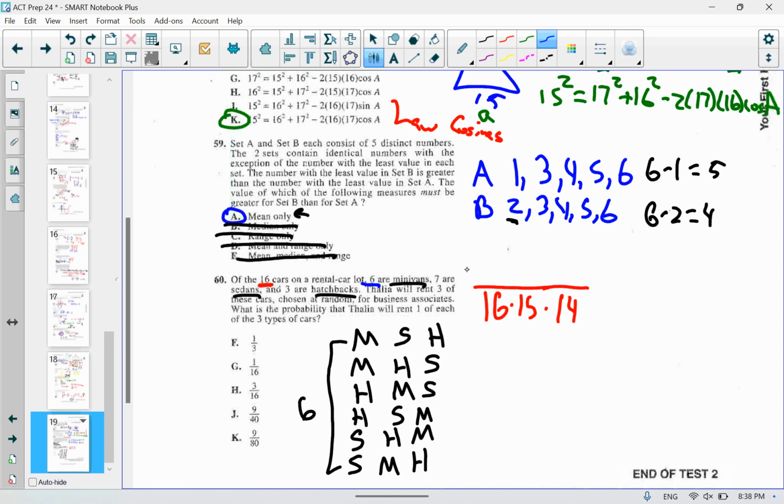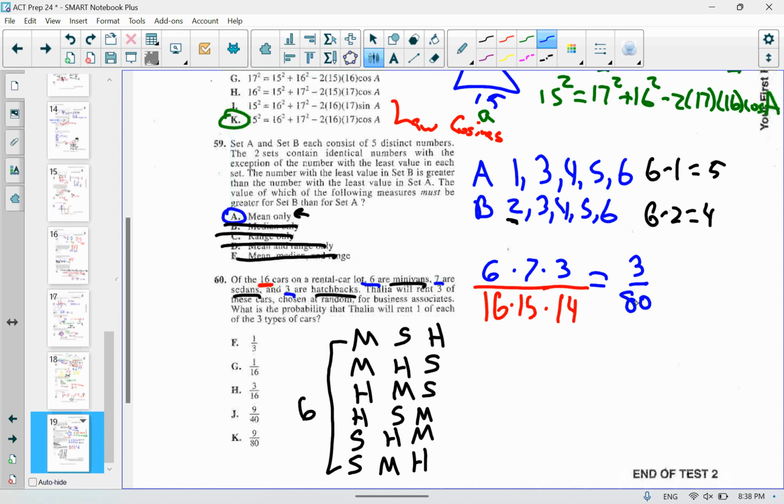So I have 6 choices the first time, then 7, and then 3. So those are the types of cars. Don't get hung up on 6 going first before 7 or 7 going first before 3. Order doesn't matter in multiplication. 3 times 4 is 12. 4 times 3 is also 12. But anyway, if I were to do this, the fraction simplifies to 3 over 80.